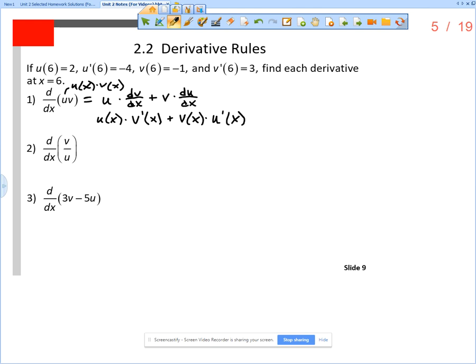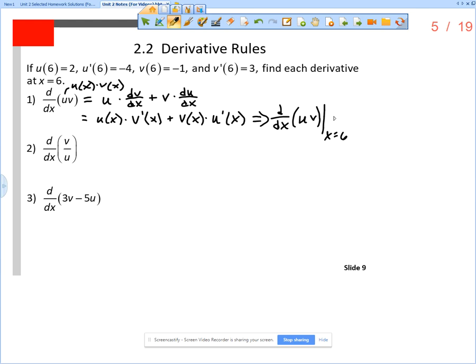So it's a slight difference in notation, but it makes it a little easier to understand. So now if I want d dx of uv evaluated at x equals 6, I could use this notation, d dx of uv evaluated at x equals 6.